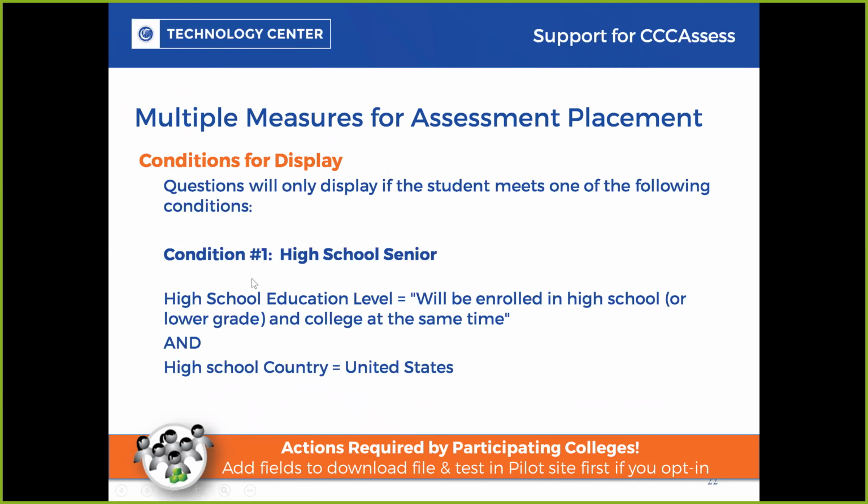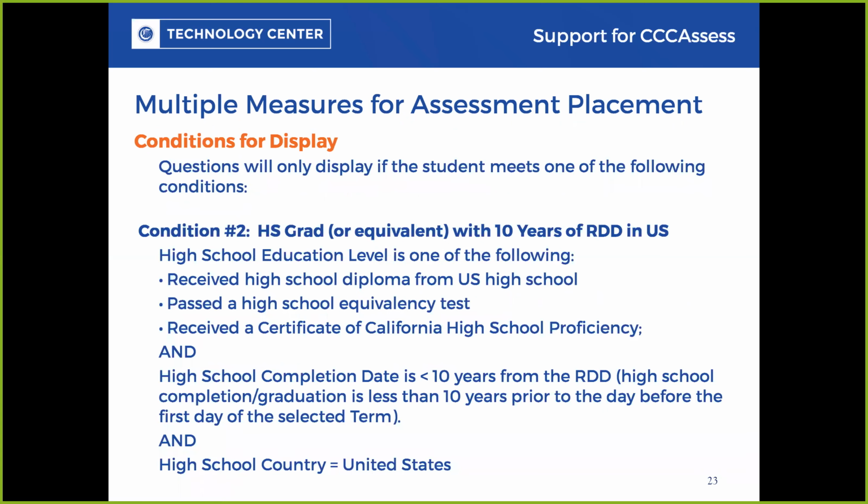For this condition, since it's a high schooler, we're going to first find out if they've passed 11th grade or not. That's one of the questions. Then the rest of the questions appear. The second condition for display, and this is probably the bulk of us, is a high school grad or equivalent, like they've taken the GED or one of the certificates for California high school proficiency within the last 10 years.